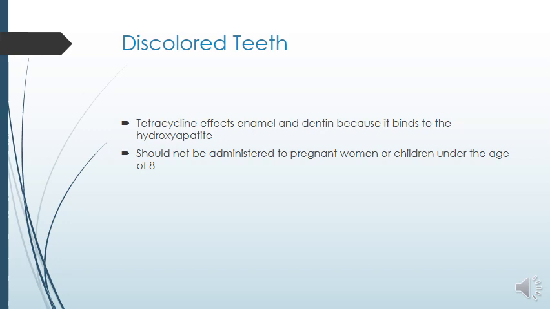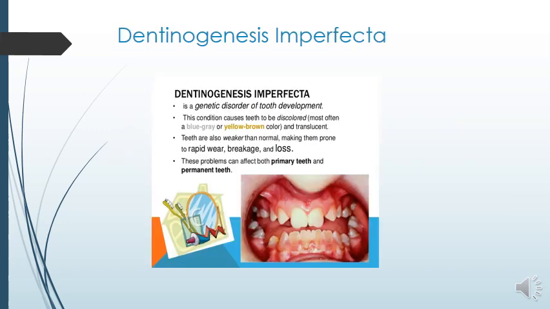It affects the enamel and the dentin because it binds to the hydroxyapatite and it causes the staining. The enamel is completely formed in all but the third molars by approximately 8 years of age, so you should not administer this antibiotic to anyone under the age of 8.